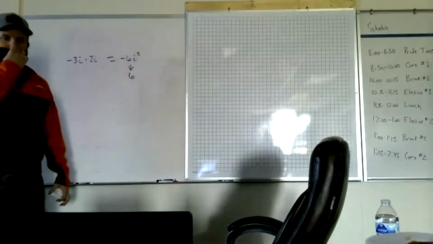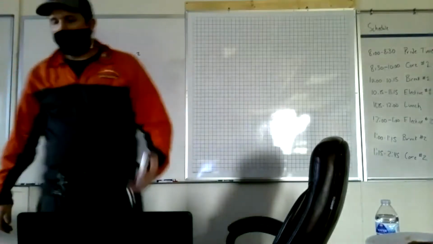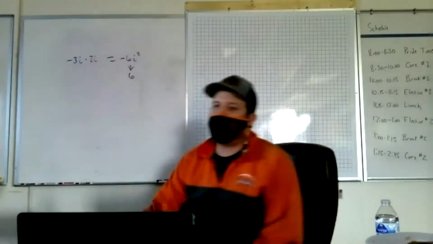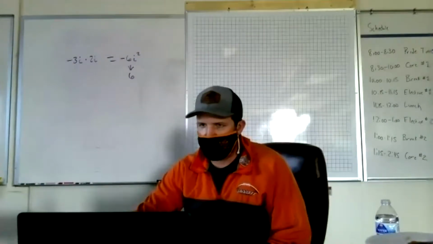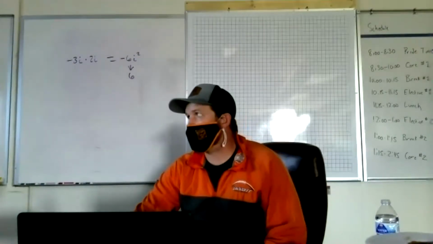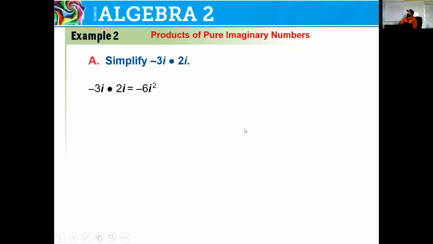Okay. So the important thing is we've got to remember that i squared is negative 1. So in other words, it changes the sign, right? Just like that. Okay, pure imaginary numbers are pretty simple.